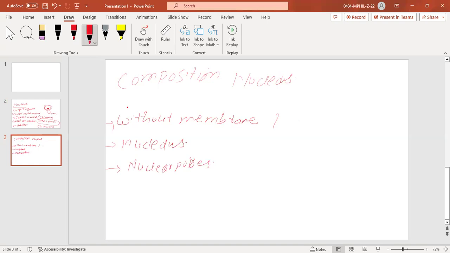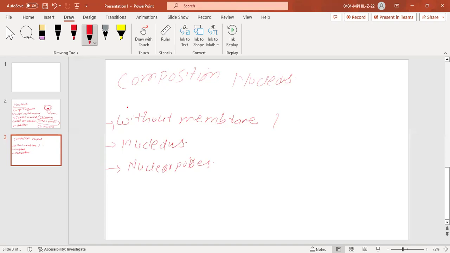Ribosomes in eukaryotic cells. Definitely ribosome types are different in prokaryotes and eukaryotes, and this is a very important factor by which we can differentiate between prokaryotes and eukaryotes. Another concept that you are going to understand here: ribosomes in case of the eukaryotic cell.